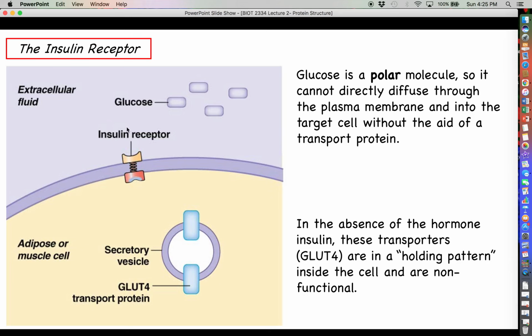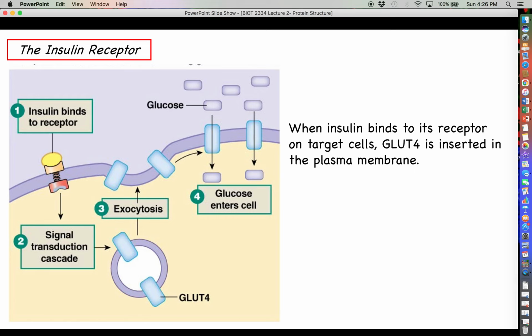However, if the hormone insulin, not the receptor, but the hormone insulin, which actually is a protein itself, is not here and bound to its receptor, then glucose cannot get in, because these transport proteins for glucose, which are called GLUT4, are stuck inside the cell in what you might call a holding pattern. They can't do their job if they're not up here at the plasma membrane to let glucose in.